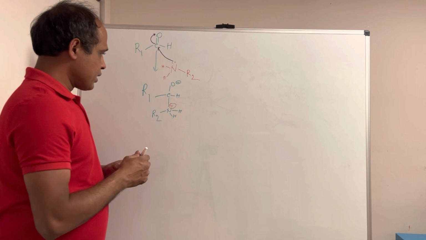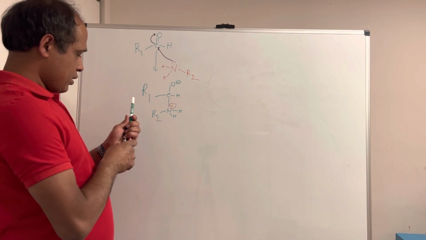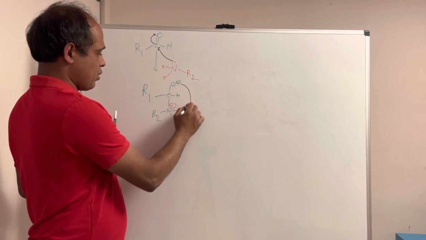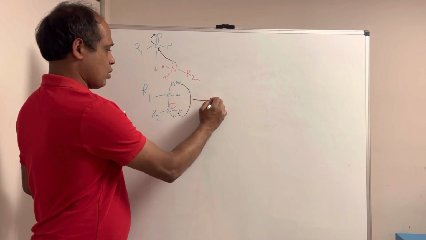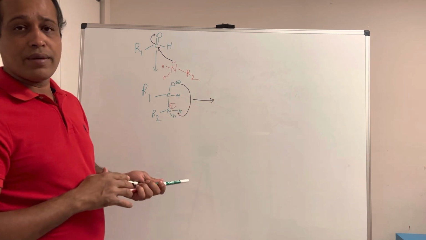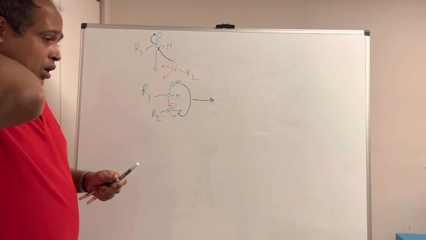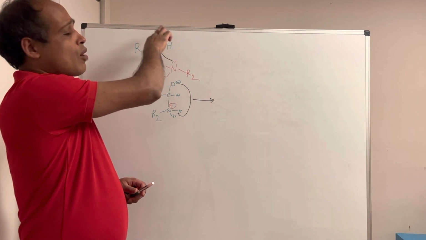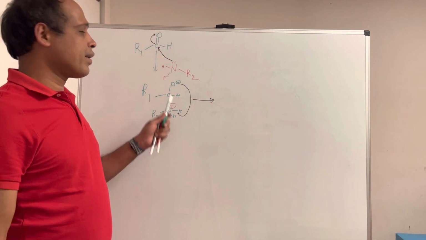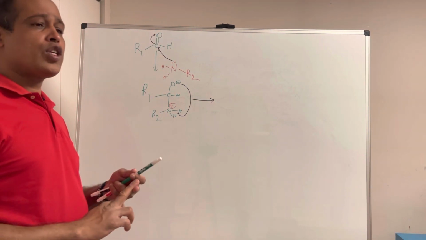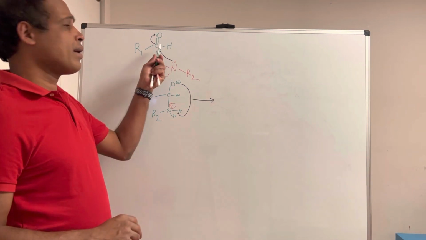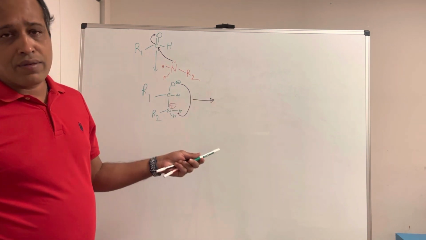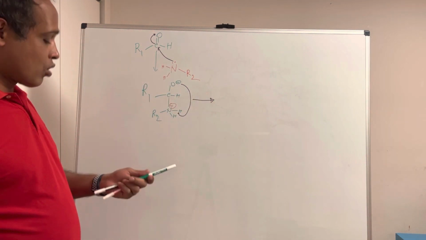Now after that, the negative oxygen will take one of the protons from here. This is in the absence of acid, because in some cases if you add a little bit of acetic acid, one equivalent, the carbonyl carbon gets protonated first, and then the reaction mechanism is different. But if you don't use the acetic acid, and directly use the aldehyde and the primary amine and then the reducing agent, then the reaction mechanism should go this way.